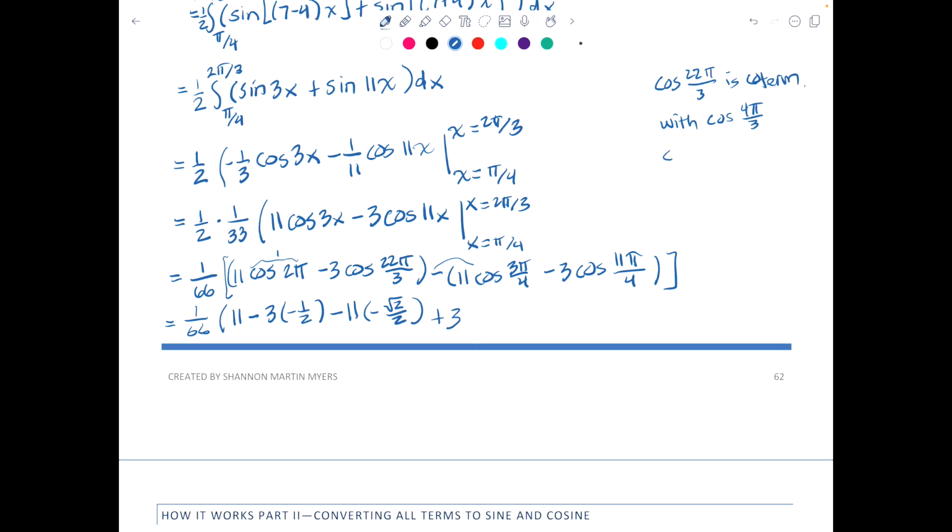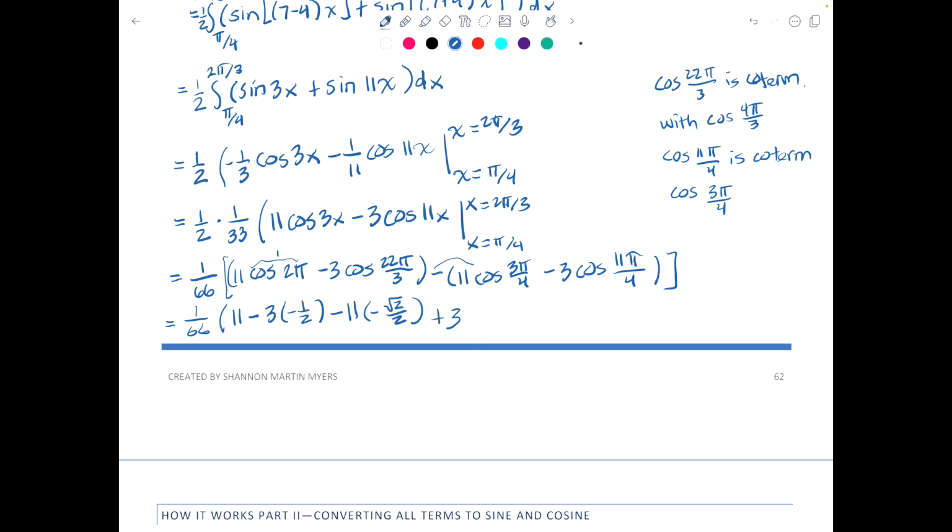Now cosine 11 pi over 4 is going to be coterminal with, so 8 pi over 4 is 2 pi, and so it's going to be coterminal with cosine 3 pi over 4. Good so far?